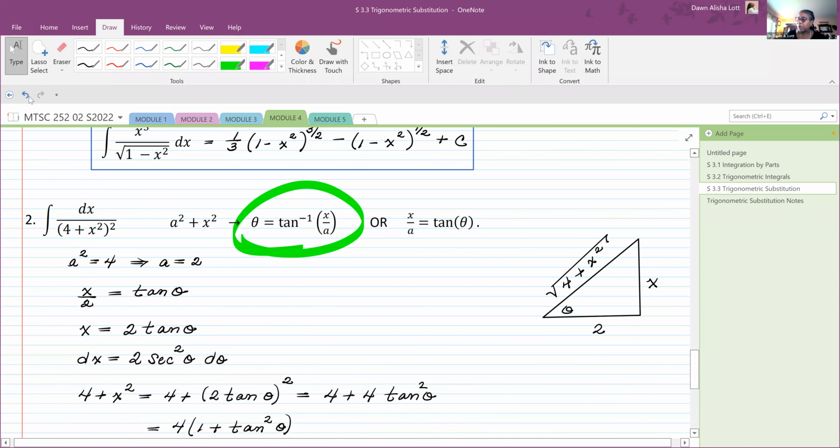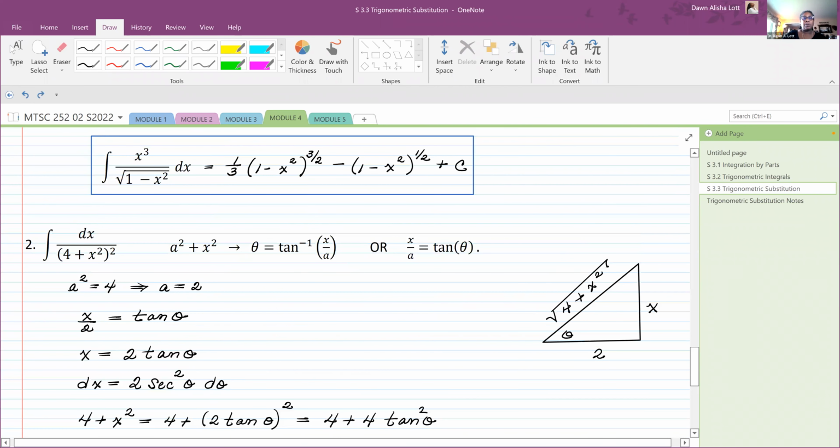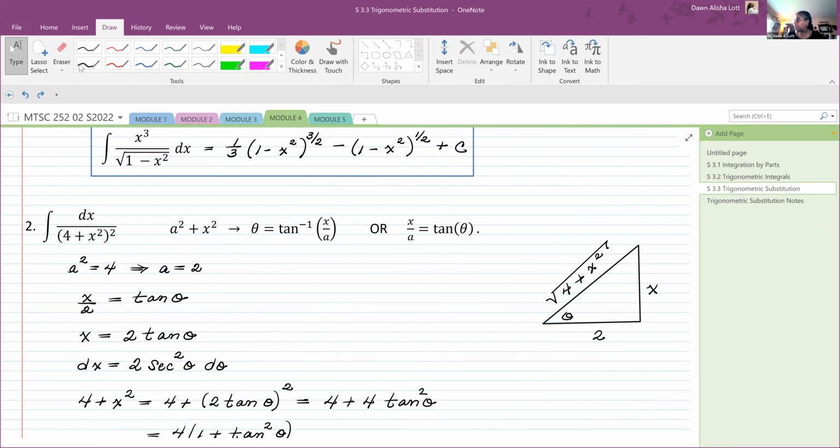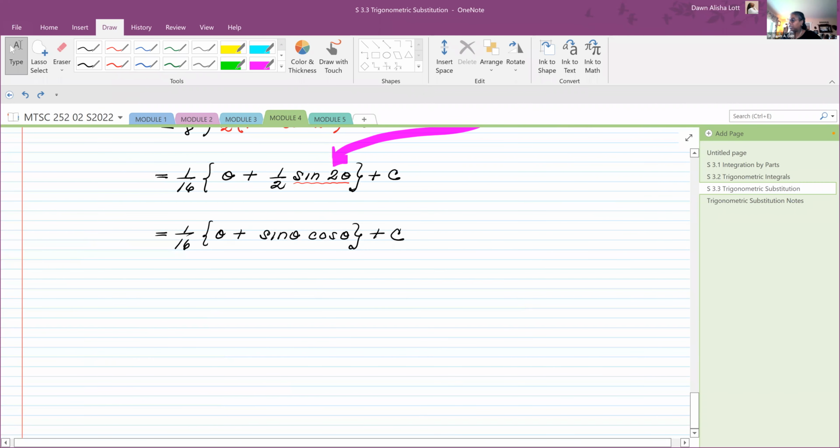So we're going to have to use a triangle. That's why the triangle is there. So when we go to use the triangle, the sine of theta is the opposite over the hypotenuse, which is x over the square root of 4 plus x squared. And the cosine of theta is the adjacent over the hypotenuse, which is 2 over the square root of 4 plus x squared. So it is very important that you have a triangle so that you can see what you're looking for.